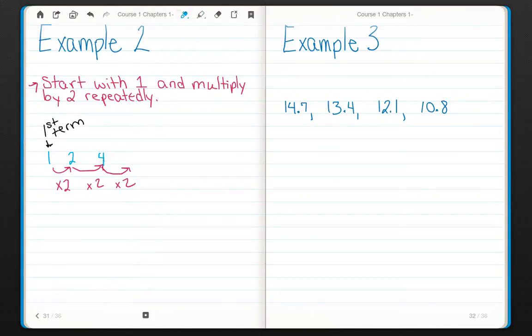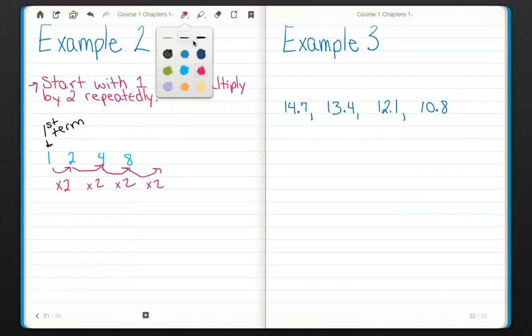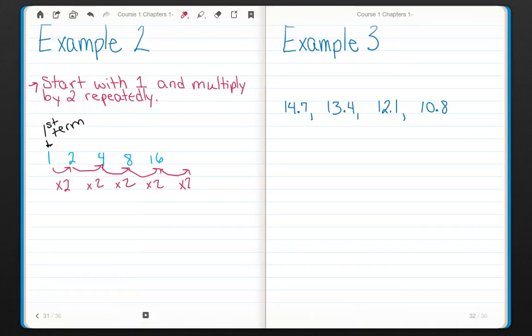And 4 times 2 is 8. This pattern is going to continue as long as I want it to. 8 times 2 is 16. Find my next term. I multiply by 2 again. 16 times 2 is 32.